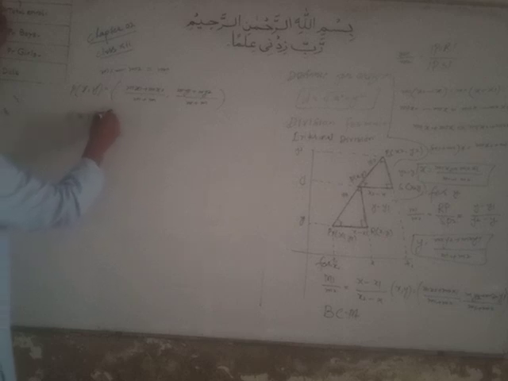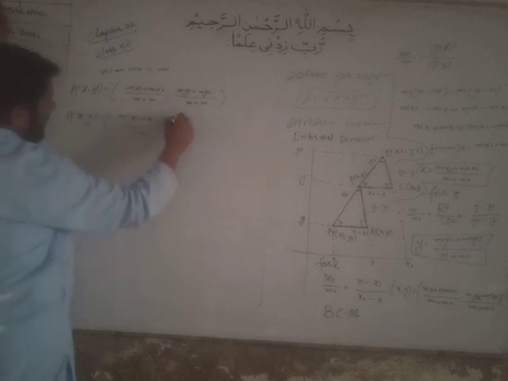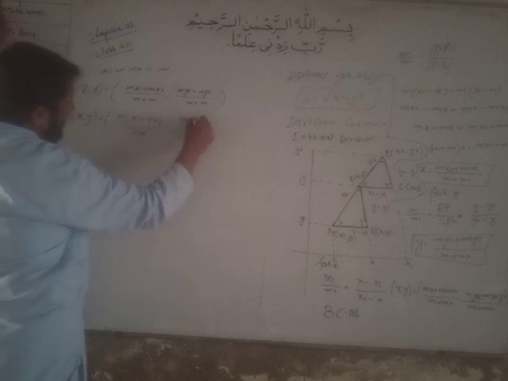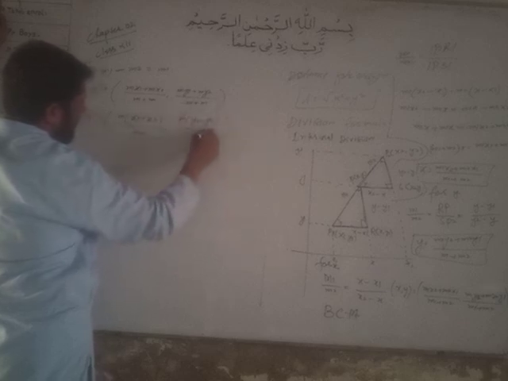So simplify: x comma y is equal to m is common, so x1 plus x2 over 2m, and m also common, y1 plus y2 upon 2m. So m will be cancelled.